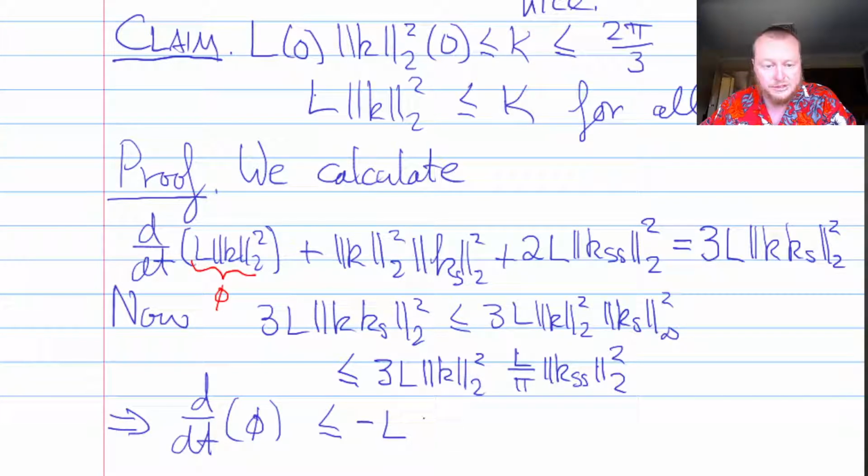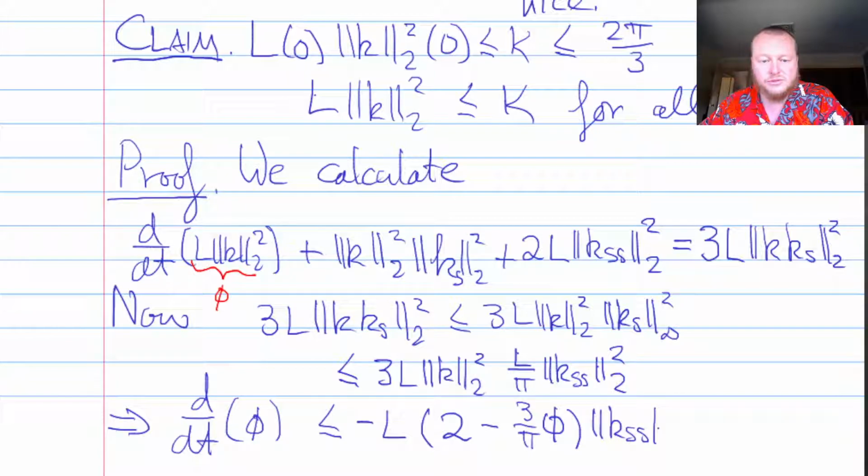Then we've got 2 from this term here, hopefully you can see a little dot moving around, and then 3 over pi times the quantity, like that. And then you just have a positive factor, which happens to be this.